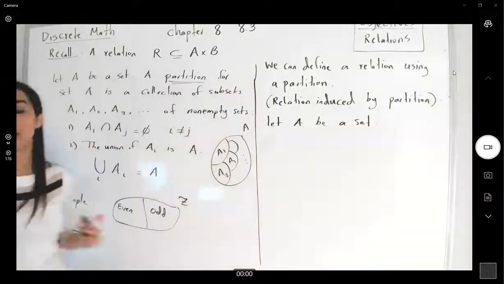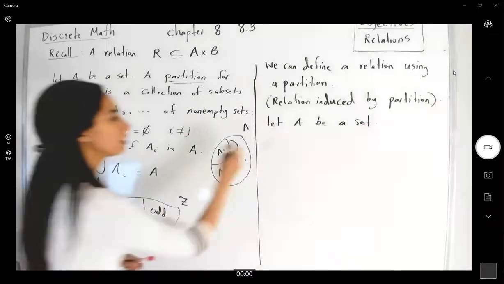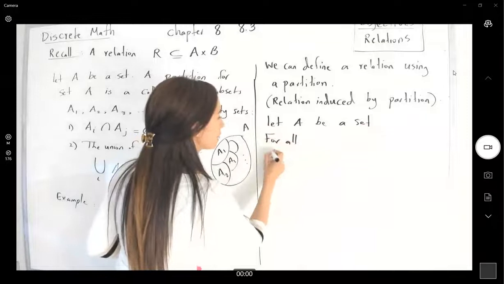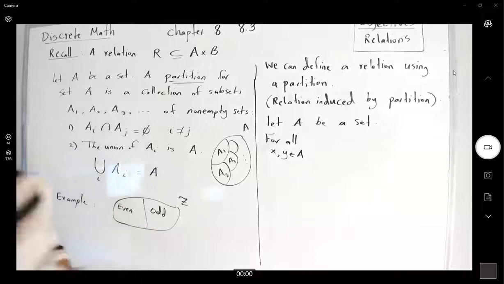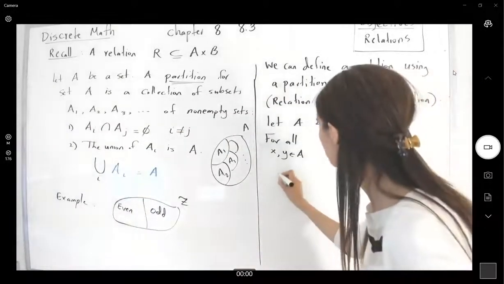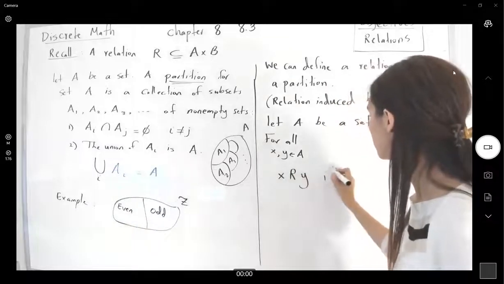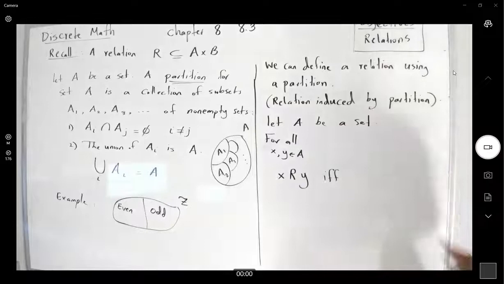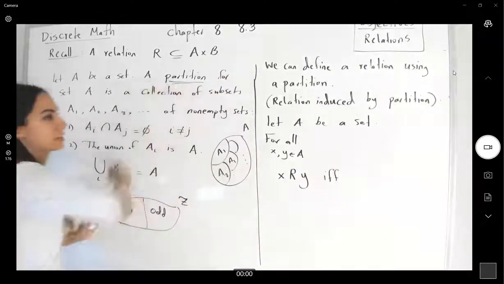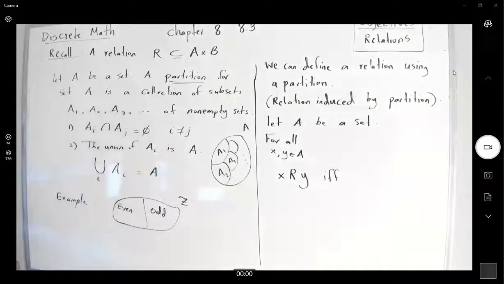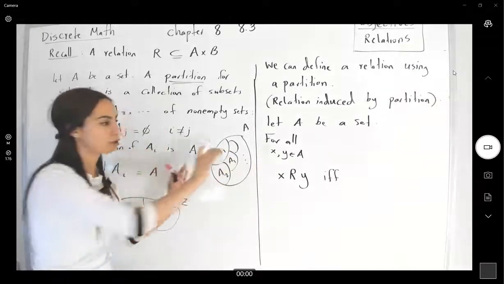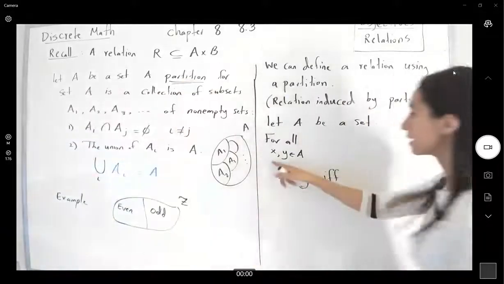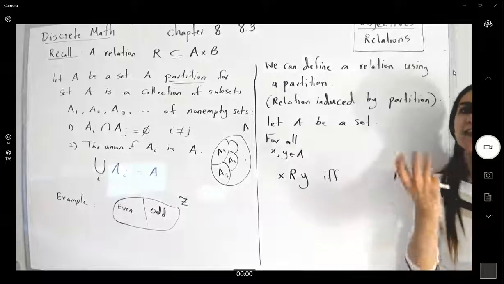We're going to say that for all X and Y in A, X is in relation with Y if and only if we can find a partition in set A such that you can take one of these subsets such that X and Y belong to that subset.